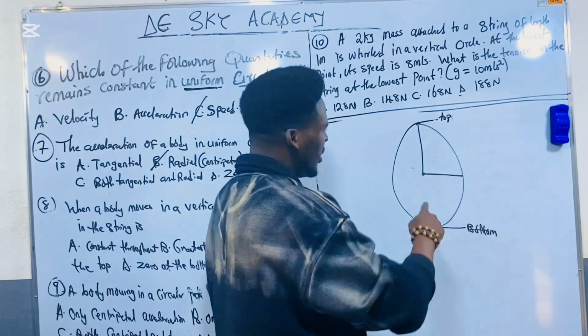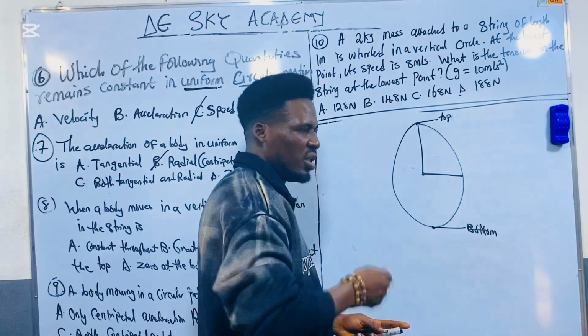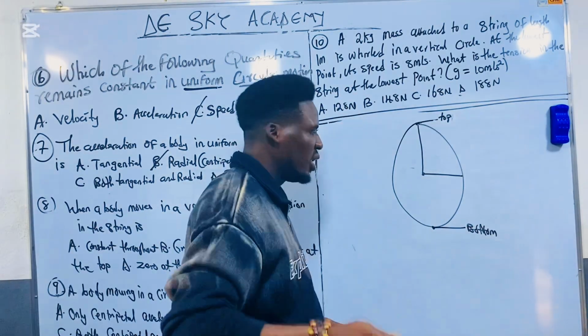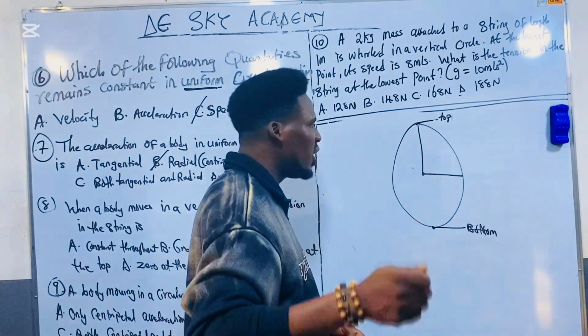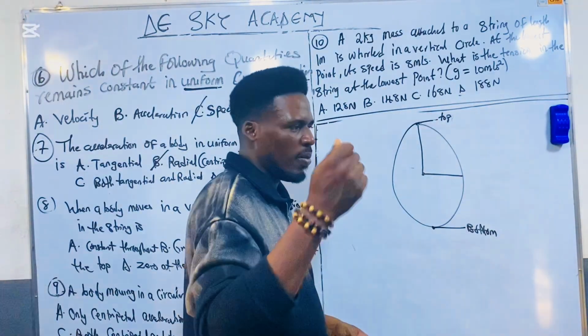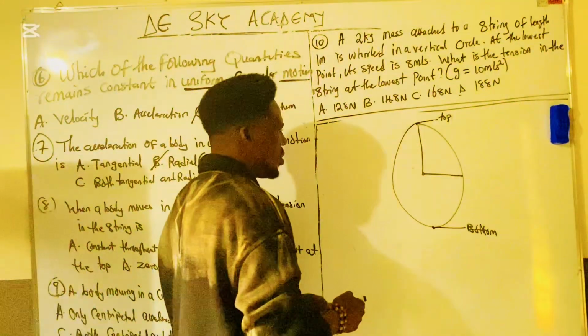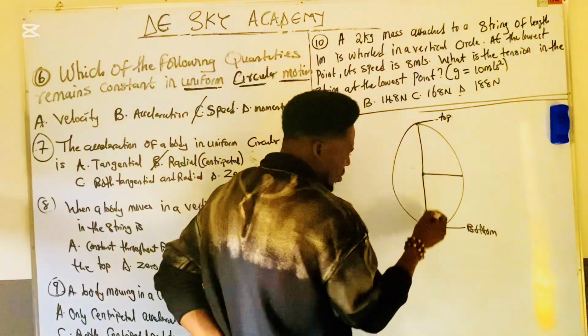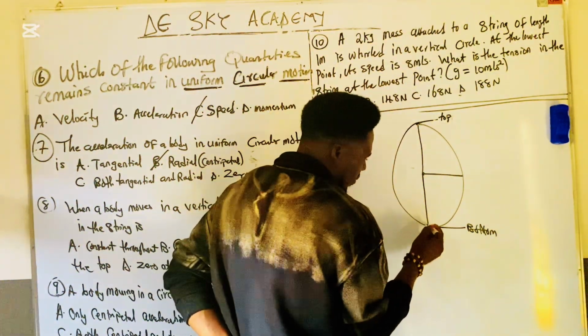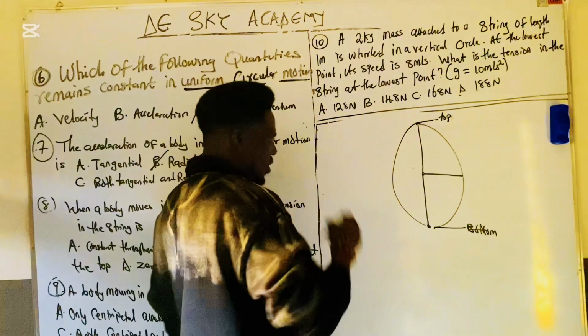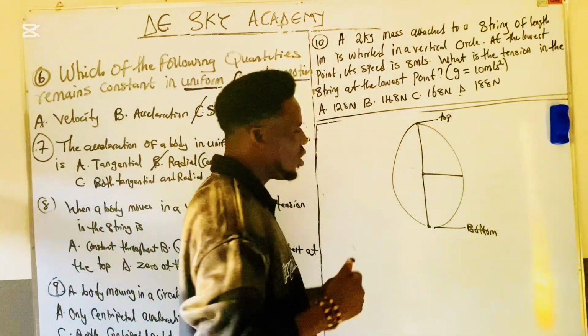I'm using a rope, and this rope is tied to this body, and this body is moving in a vertical plane. So any body that is moving in a vertical plane, also moving in a circular motion, is called vertical circular motion. So the rope will also be here. So this is the rope that's moving this object.